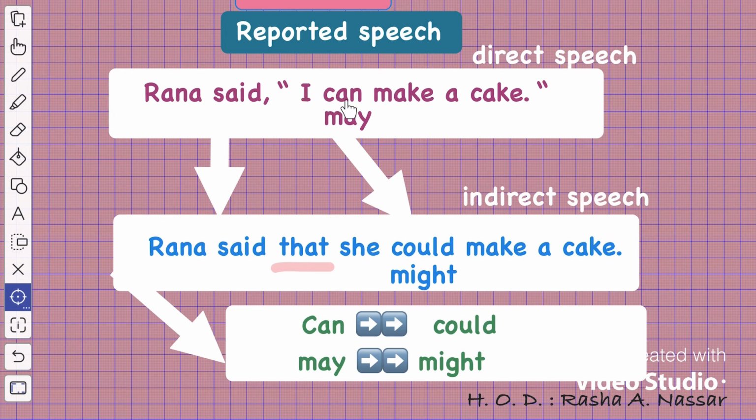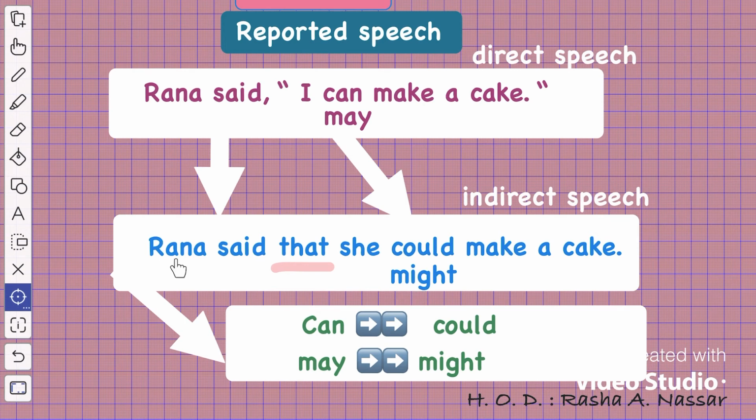If it is not can, if the sentence is Rana said, "I may make a cake," I will change it into indirect speech. How? By changing may into might. Might is the past form of may.